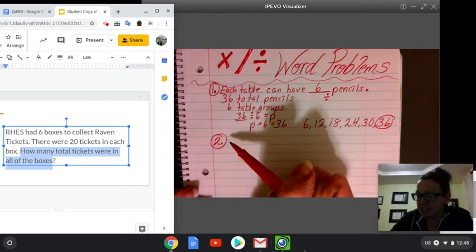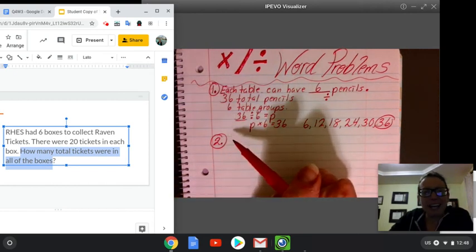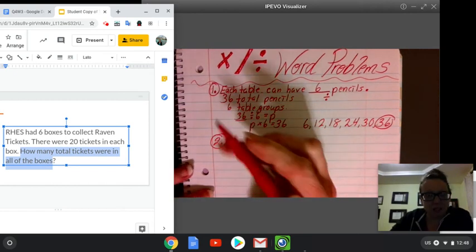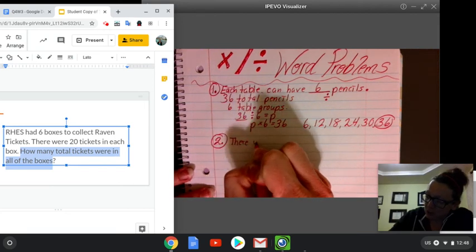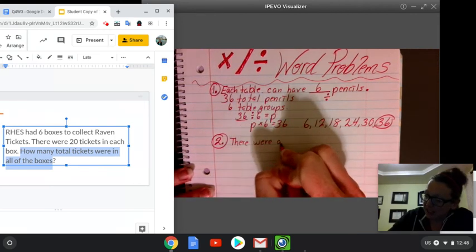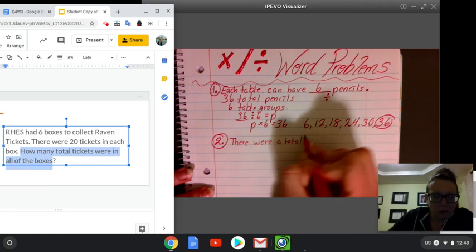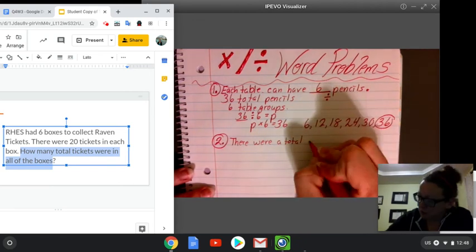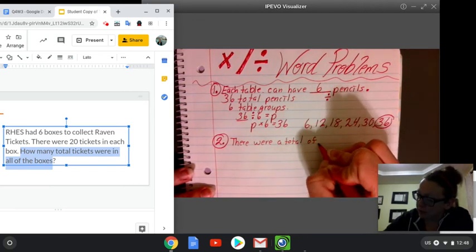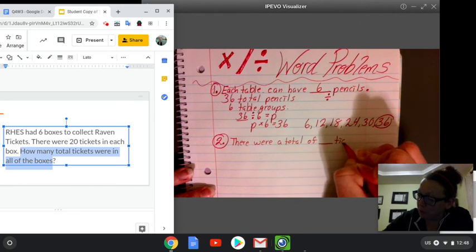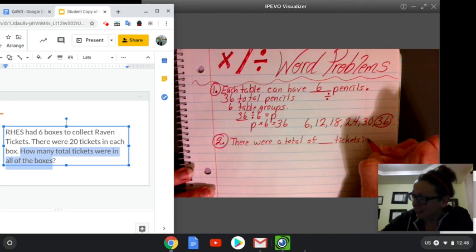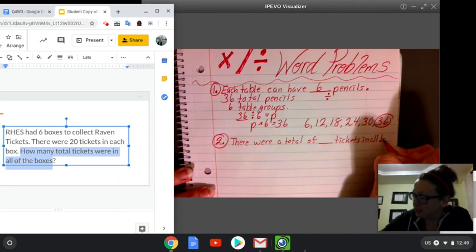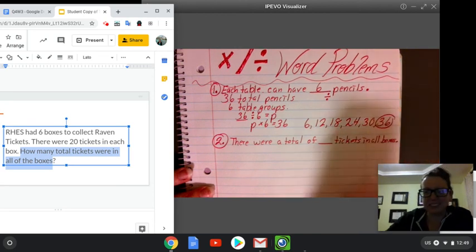We want to use this to create and restate our question. So we can say there were a total of blank. What are we talking about? Tickets in all boxes.